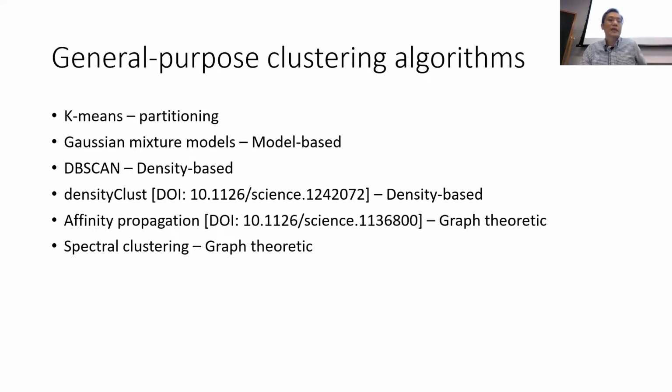For model-based, like the Gaussian mixture model, you model your data using Gaussian distributions. DBSCAN is density-based. Another density-based clustering, a relatively new publication, proposed this as well.